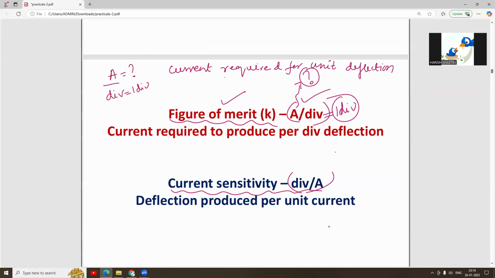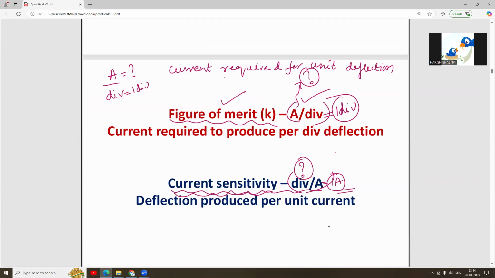What is current sensitivity? Here make A as 1 ampere. If you pass 1 ampere current through the galvanometer, how many divisions will the needle turn? That is current sensitivity. So the number of divisions deflected for 1 unit of current.